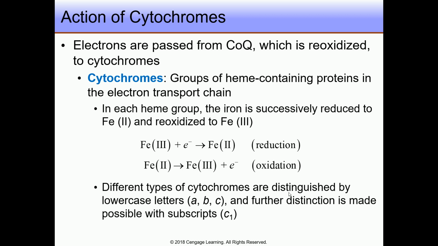And then these proteins with iron and sulfur in it get reduced, and then they pass the electrons to coenzyme Q.